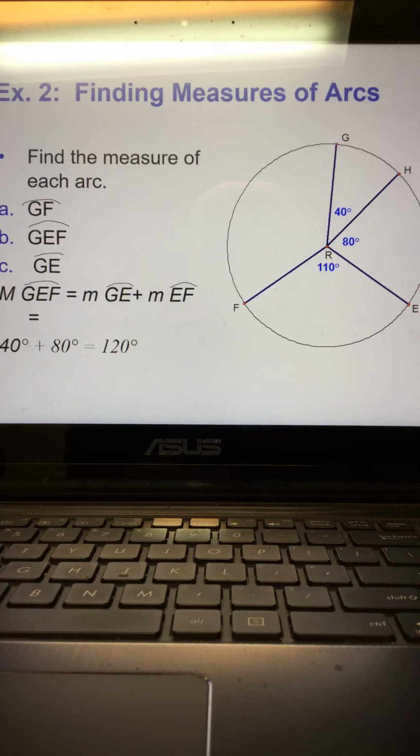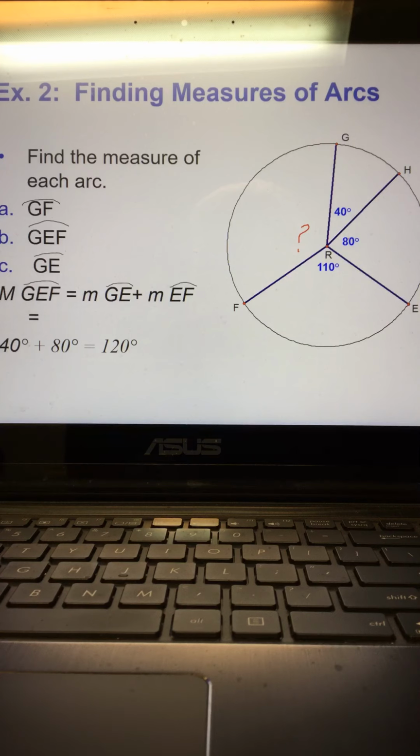Now it says we want to find the measure of the arcs in this picture. We want to find F to G. Well, there's 360 degrees in a circle. I think I can figure out how many degrees needs to go right here.